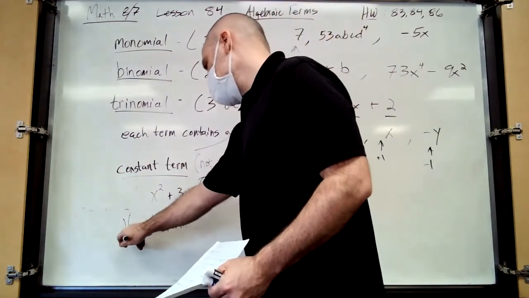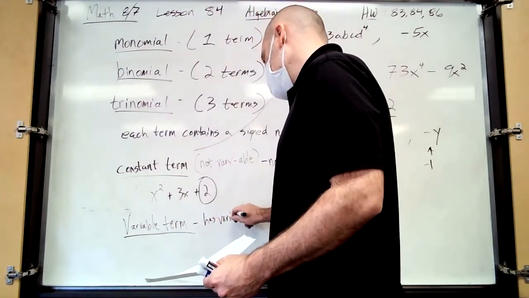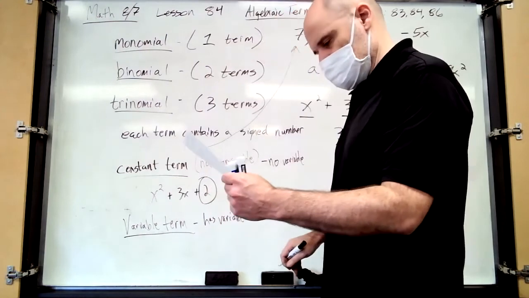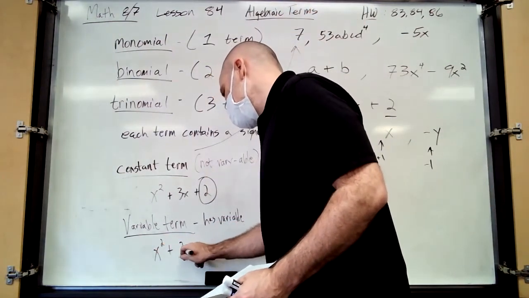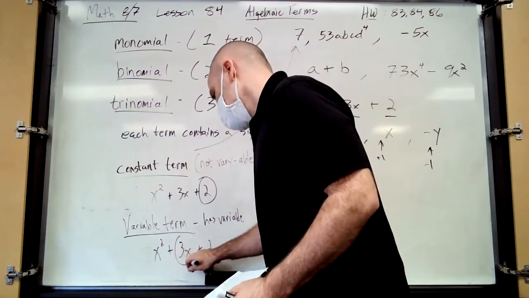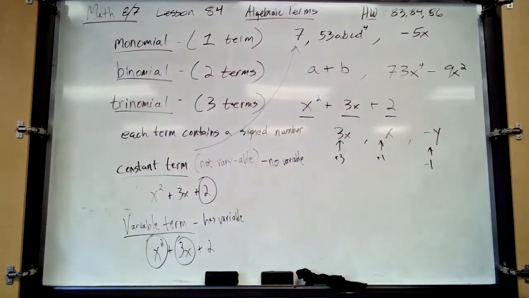Okay, and this variable term has a variable in it. It's able to vary. So for example, in this case, you've got 2 different variable terms right there because they have letters in it.